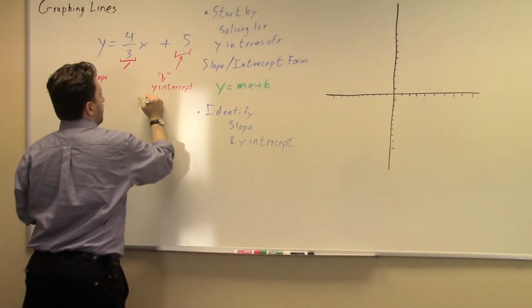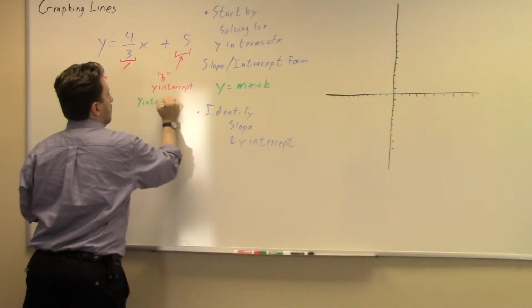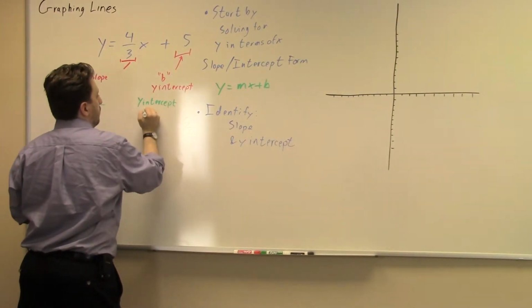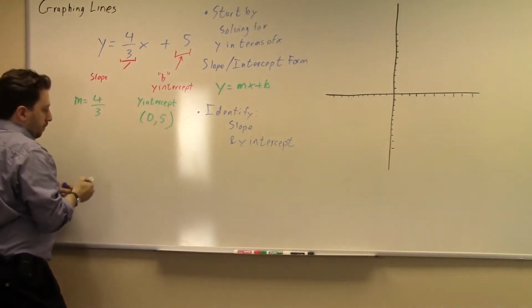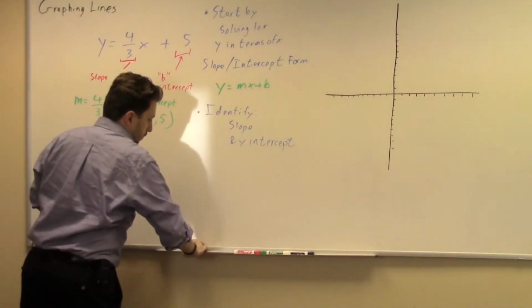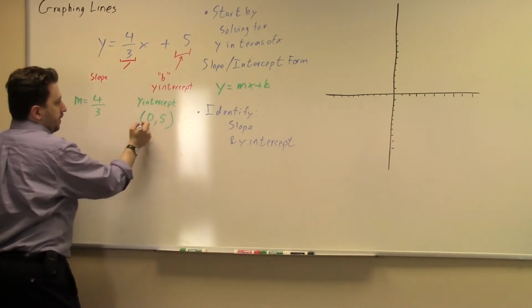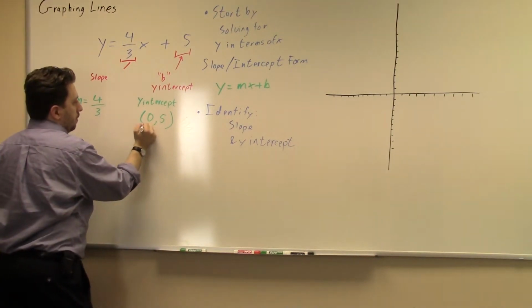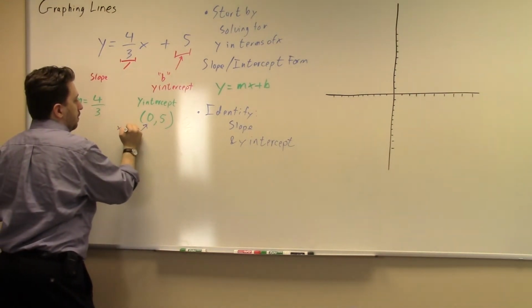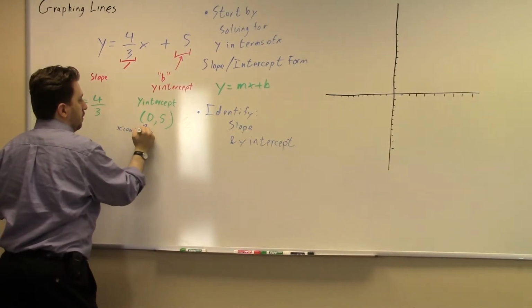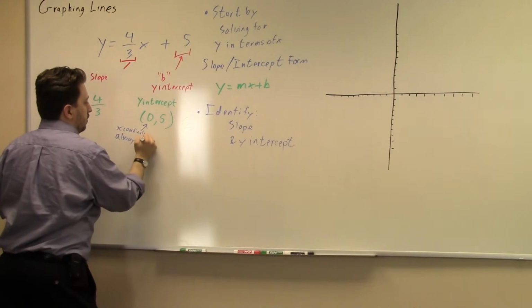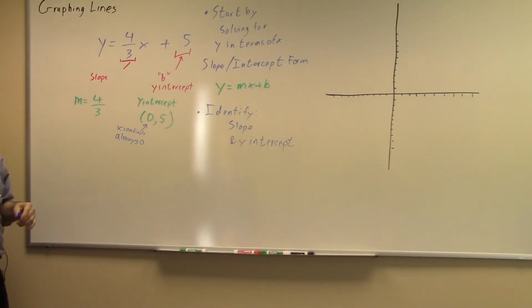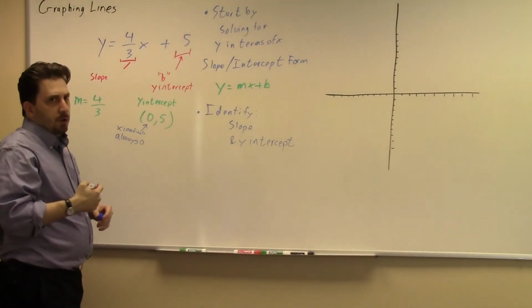And my y-intercept is going to be the point 0, 5. So the x-coordinate of this point is always going to be 0 for the y-intercept. And we may talk about that later.